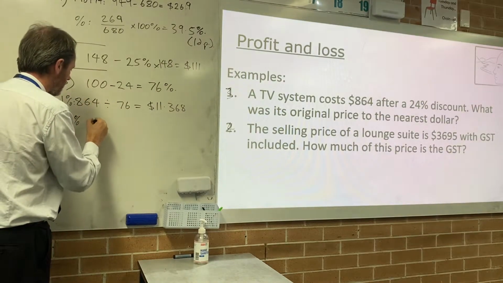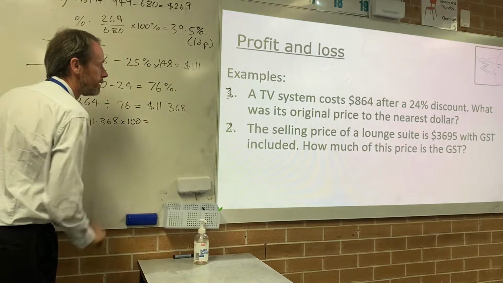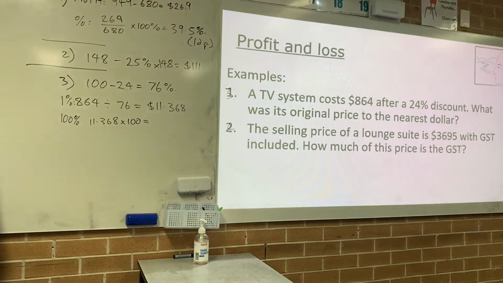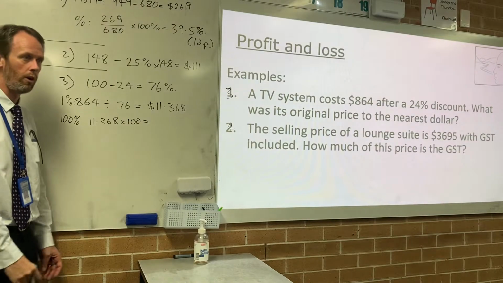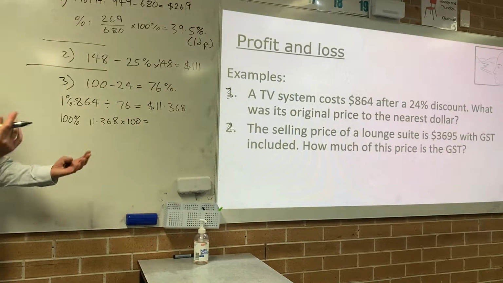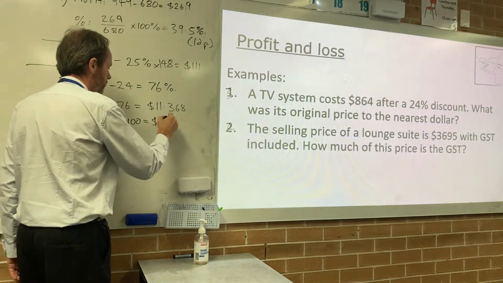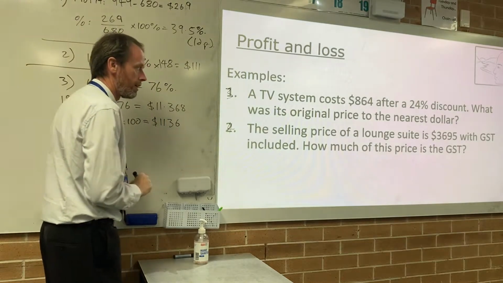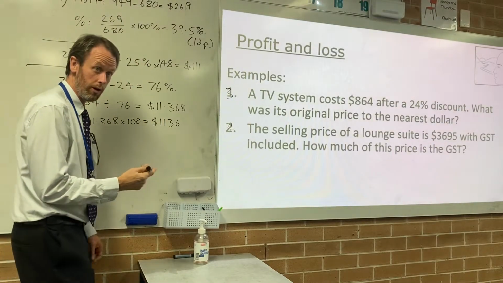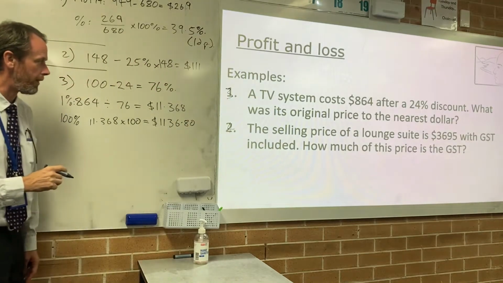So then we do this, 11.368 times 100. What do we get? Some of us were saying before, oh, there's a shortcut, Steve. Don't I just move the decimal point 2 places to the right? Yes. So we're going to look up 1136.8. And is it just 0.80? Yep. According to our nod of the head.